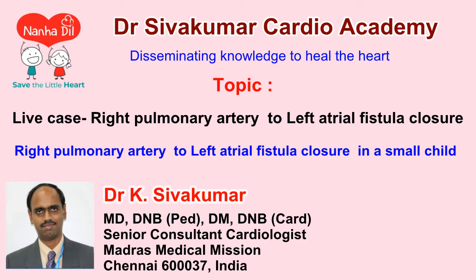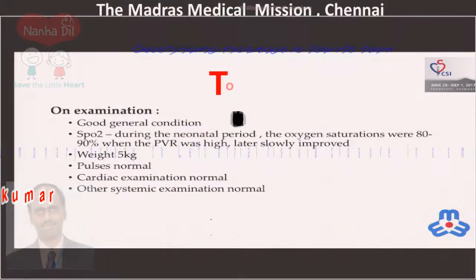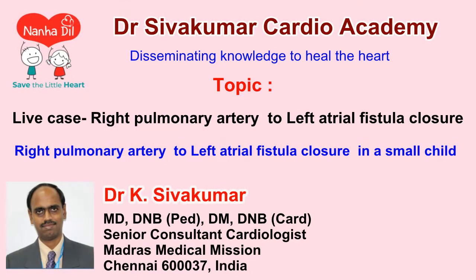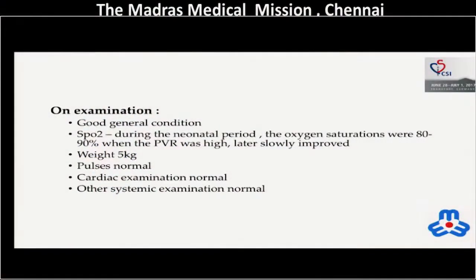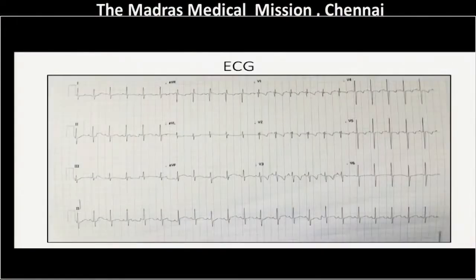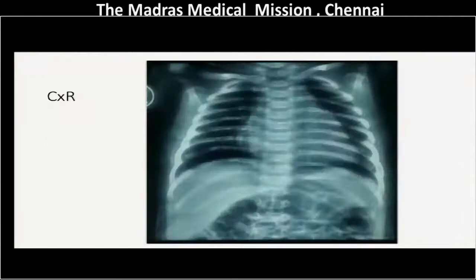Going back to our patient on examination, good general condition. In the neonatal period, the oxygen saturations were about 80 to 90% when the PVRI was high, lately slowly improved, weight of 5 kilos, pulses were normal, cardiac examination was normal. ECG was a sinus rhythm with a ventricular rate of about 140 with a normal QRS axis.